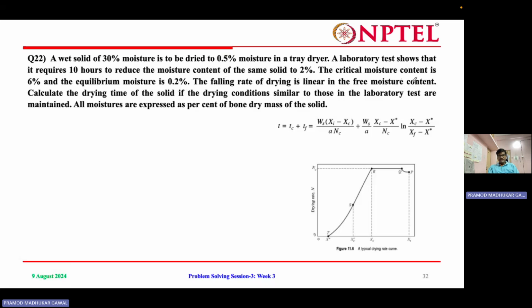The critical moisture content is 6% and the equilibrium moisture content is 0.2%. The falling rate of drying is linear in the free moisture content. Calculate the drying time if drying conditions similar to those in the laboratory test are maintained. All moisture contents are expressed as per cent of bone dry mass of solid.